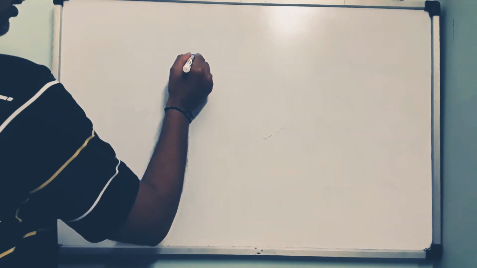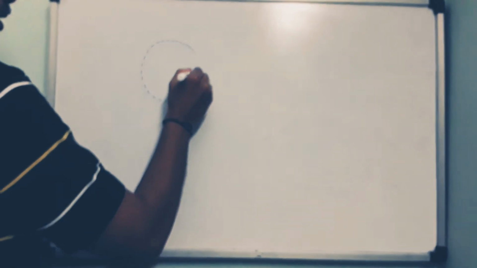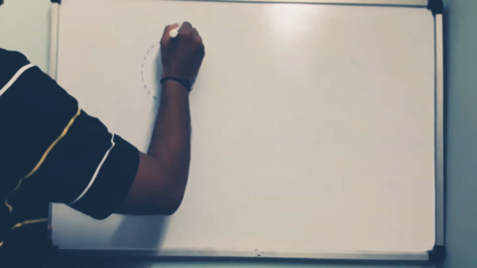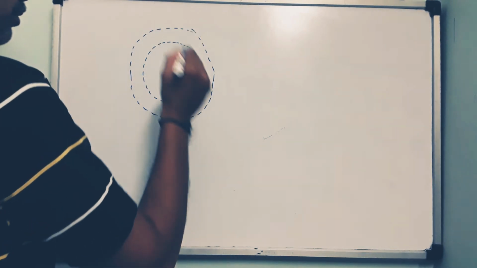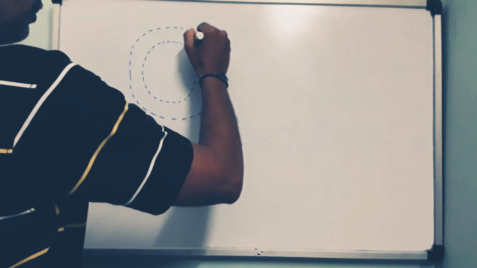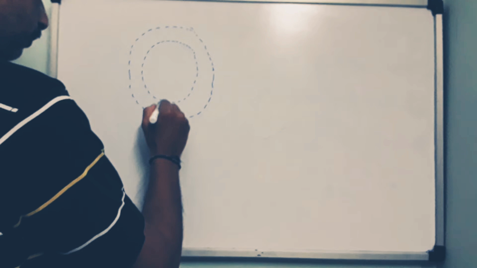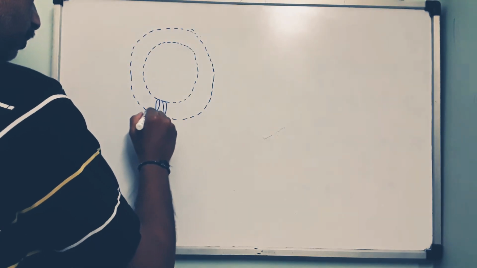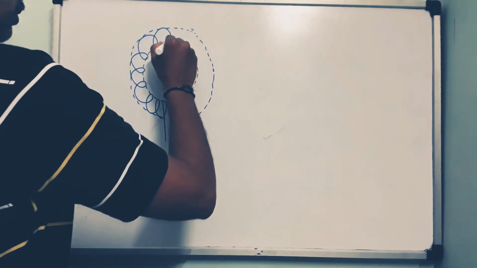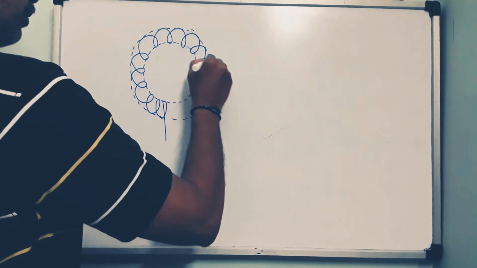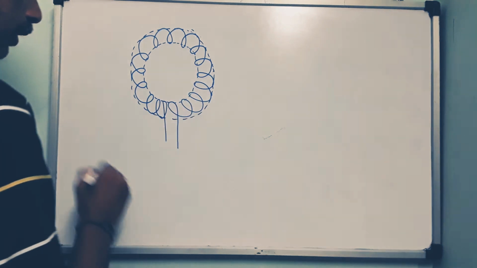So these are the borders where I am going to fit my toroid. So the windings are like this. In fact, they are very close to each other, like this.